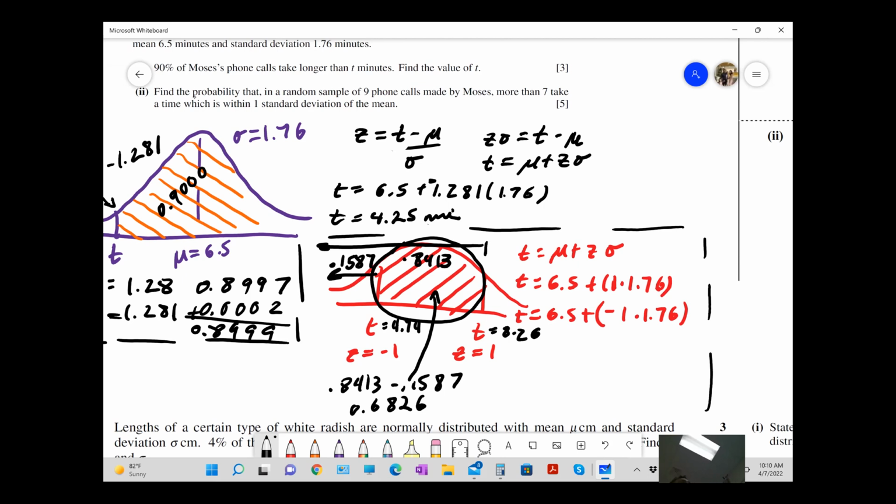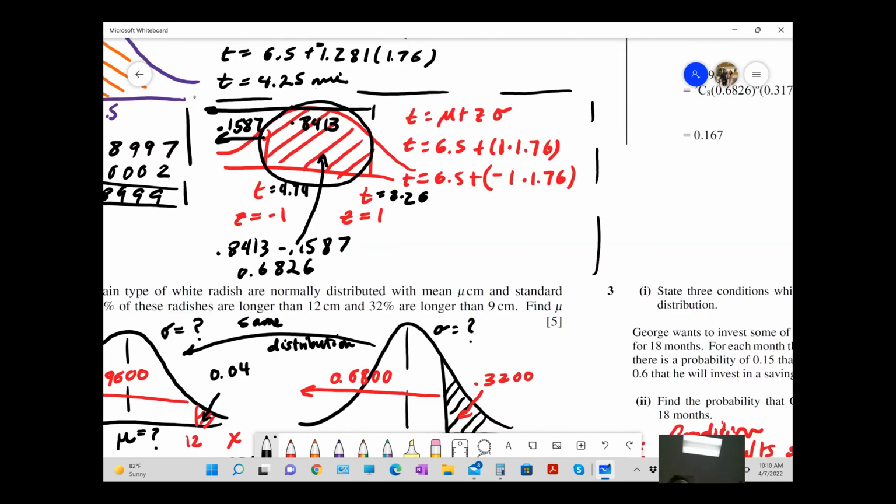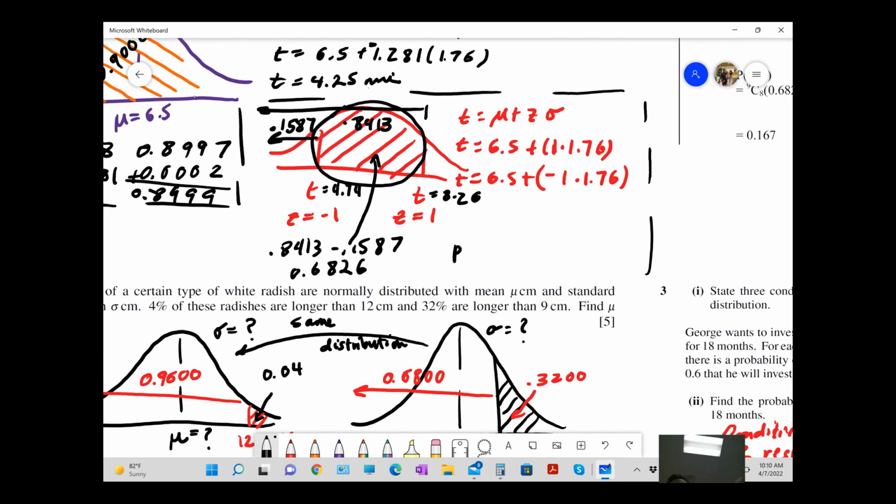0.6826 is the probability of success, and q is going to be 1 minus that. And then the probability doesn't change from call to call. We maintain consistency in the probabilities. So this is effectively a binomial distribution where we're doing the probability of more than 7.